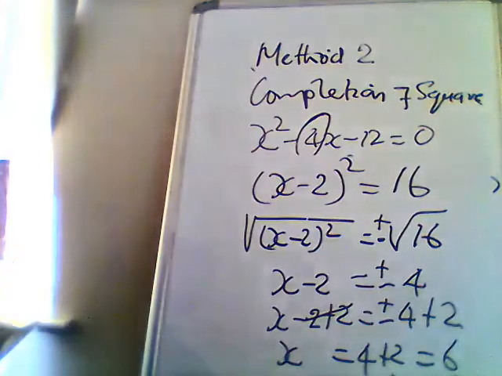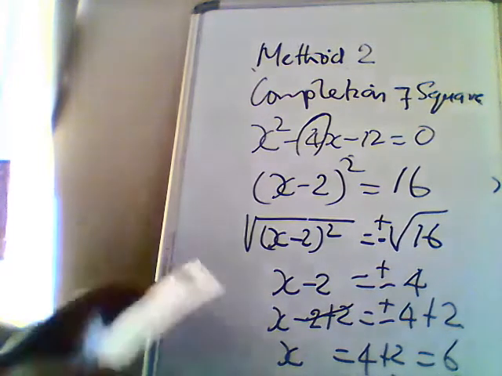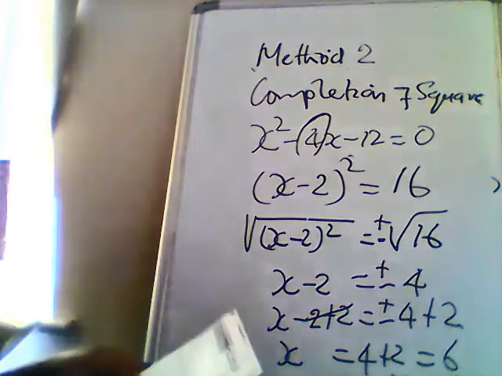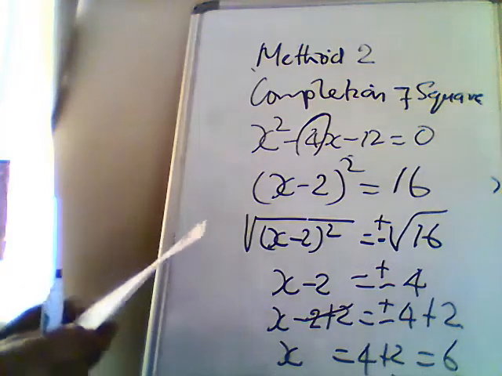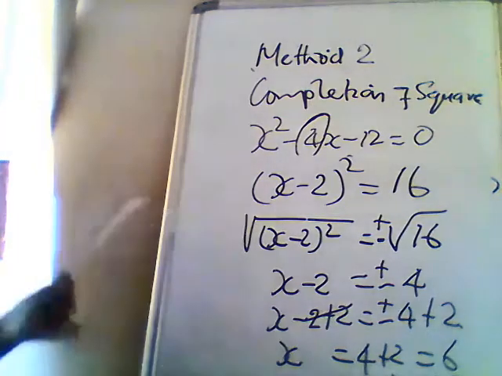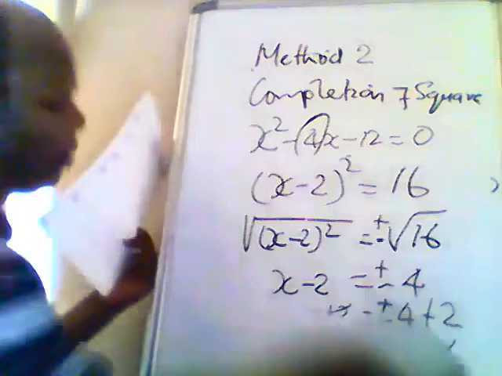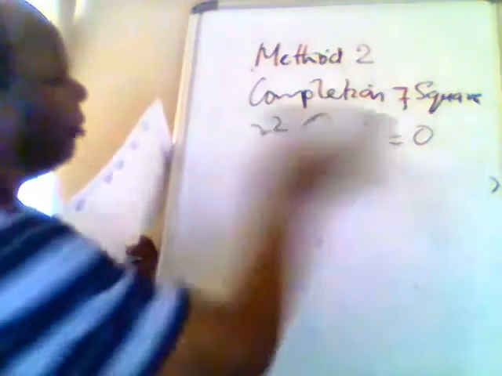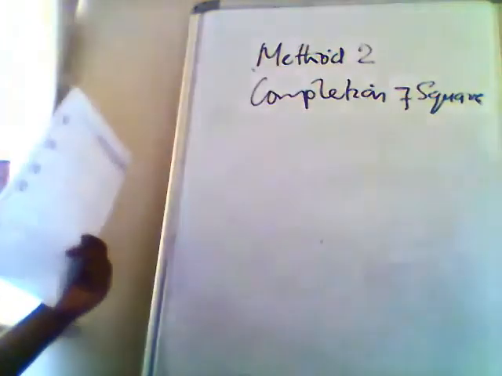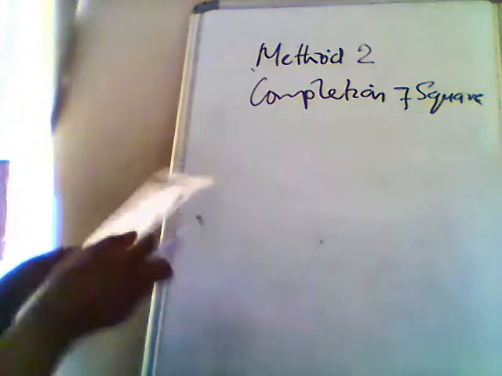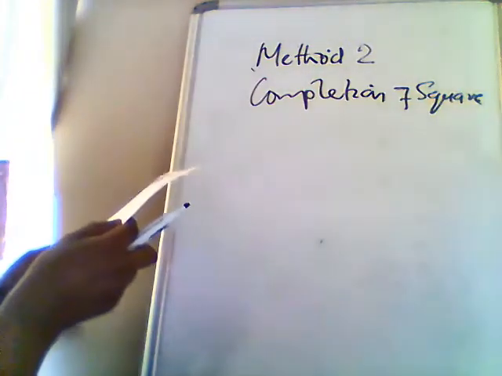Okay, probably we need to do a question where the sign is not negative. Let me see if I can find one of them here in these past paper questions. I've got one, so let's try to do that one to make sure we are happy with how to look at these signs, because these are signs which always give a problem.